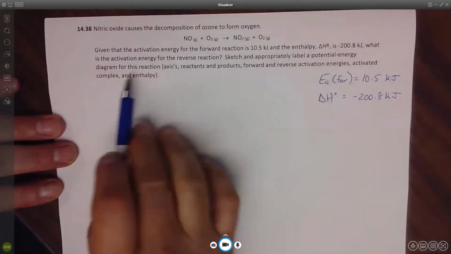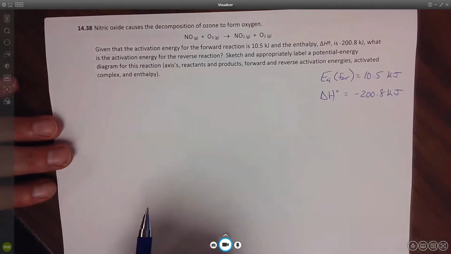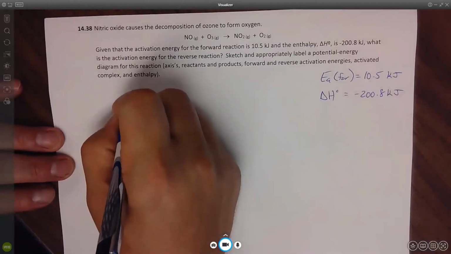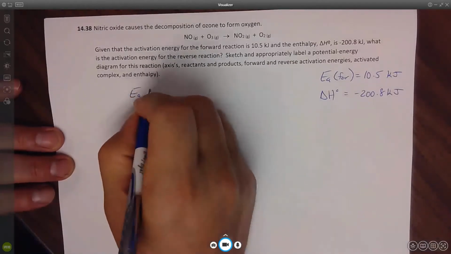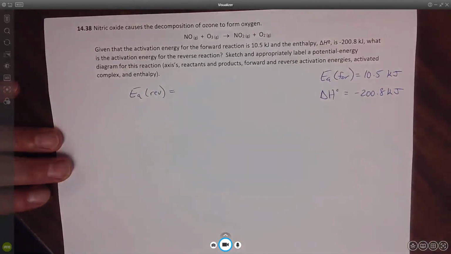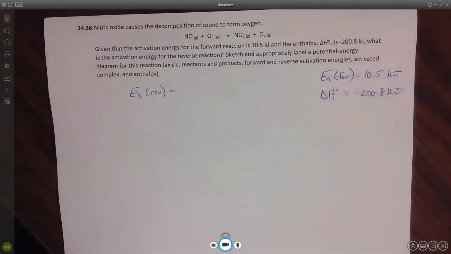I want to know, what is the activation energy for the reverse reaction? So how am I going to determine the activation energy for the reverse reaction? Plug and chug. Okay, but what equation?